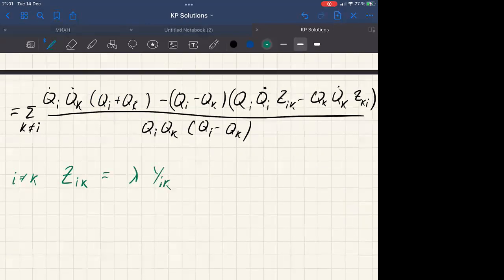This is a strange assumption, but we will see that this assumption will give us the following thing.